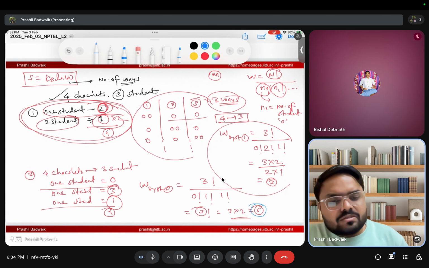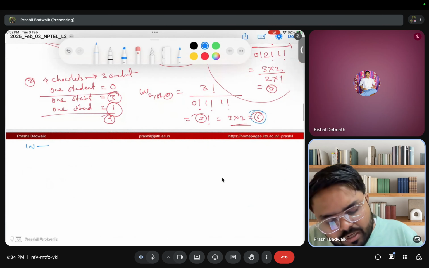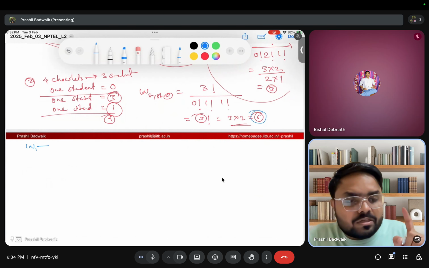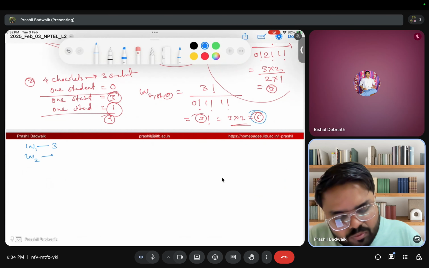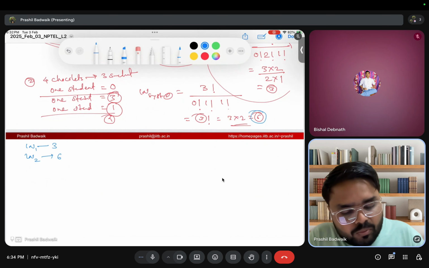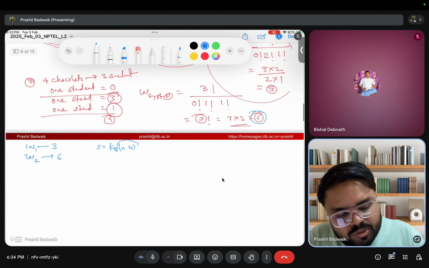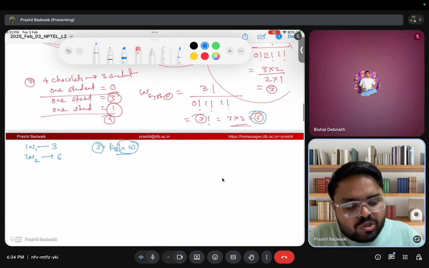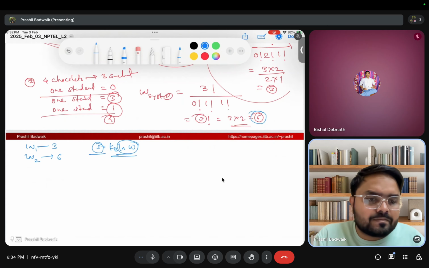So what we did just now, we calculated W for a particular distribution. For the first distribution we got W equal to 3, and for the second system W equal to 6. So can you calculate entropy? S is equal to Kb ln W. If you substitute the W, you will see that if W is high, S will be high, because this is a log function, ln.